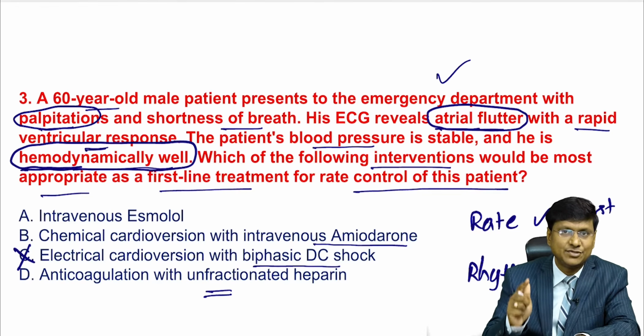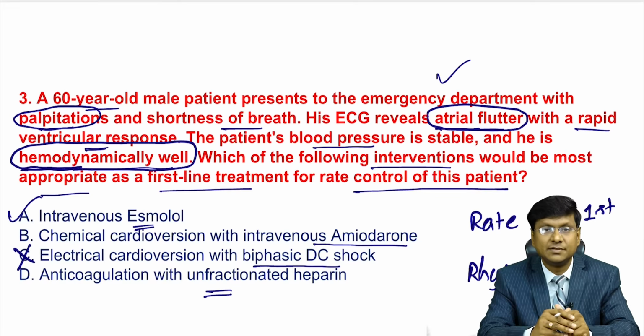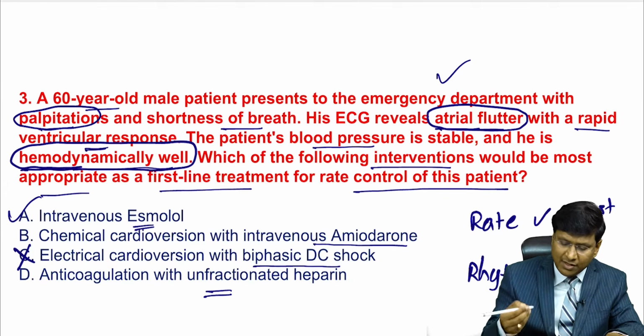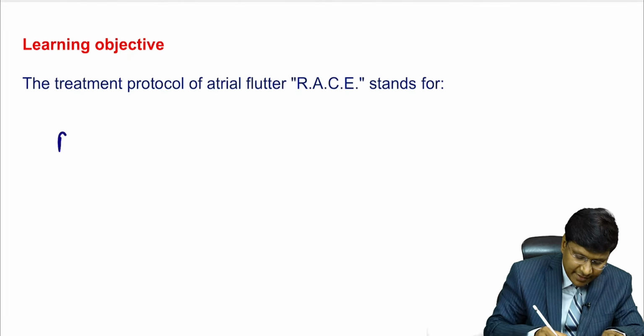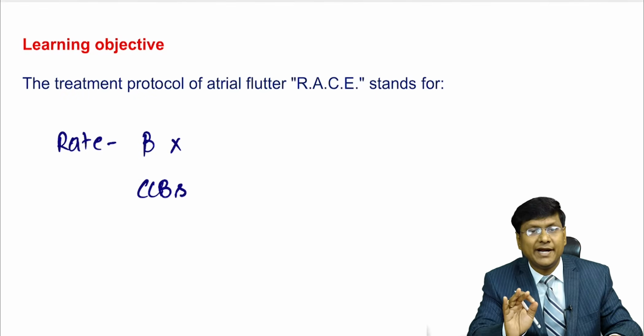So because the individual is hemodynamically stable, the drug used for rate control is the beta blocker, that is intravenous esmolol. And what are the drugs given for rate control? The beta blockers, as well as non-dihydropyridine calcium channel blockers, that is diltiazem and verapamil.